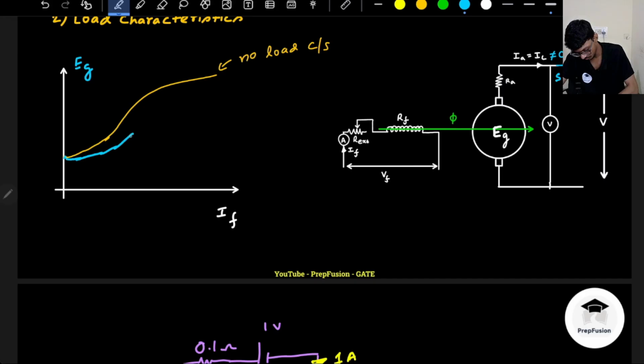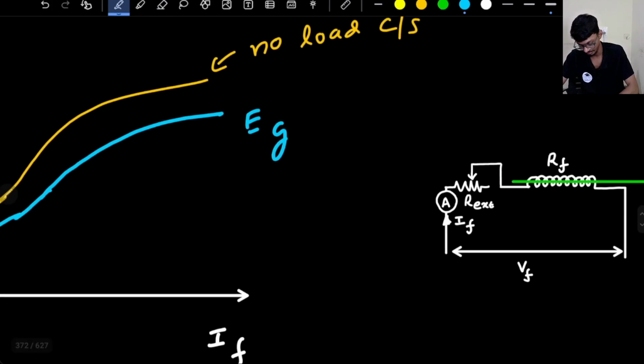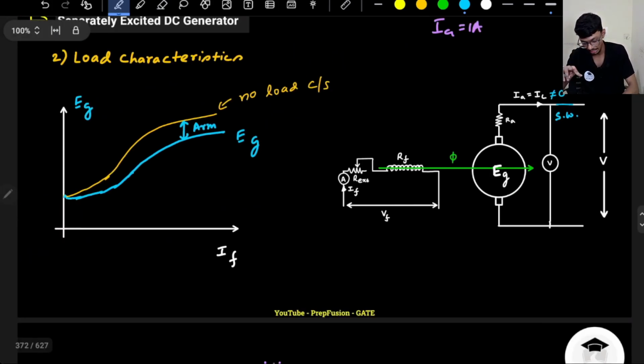So armature reaction will be considered and IaRa drop will be there, right? So this will be the graph for Eg. This is not the internal characteristics, please remember it. This is just the Eg. So here only the armature reaction is considered because I am plotting Eg, and Eg is dependent on armature reaction. It is not dependent on the IaRa drop, because it is Eg, right?